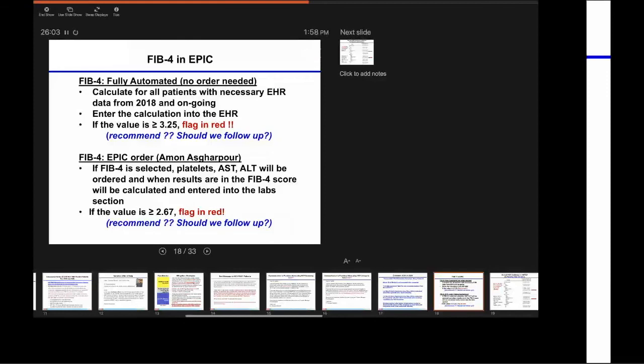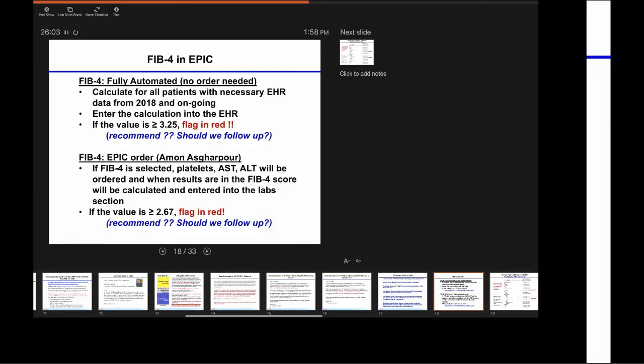And switching topics, we want to hardwire Epic to calculate FIB4 scores. So we want to have a fully automatic system where a physician does not need to make an order.